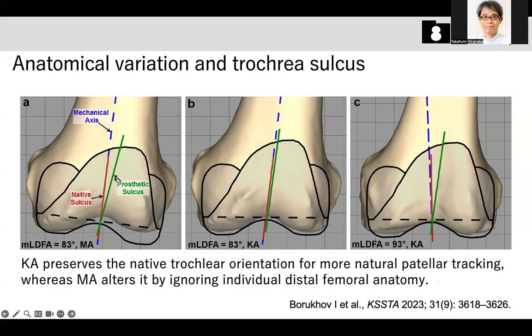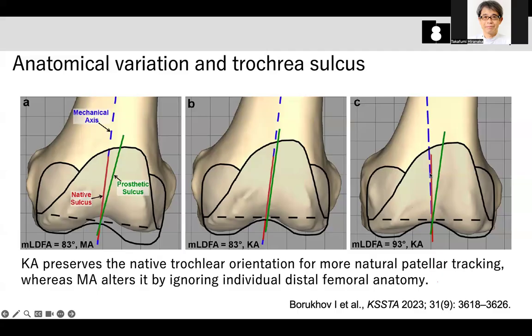This is the MA, and the KA is almost the same as the natural slope. And this is 93 degrees, a very valgus femur. Even in the very valgus femur, the kinematic prosthetic groove line is nearly close to the native line.